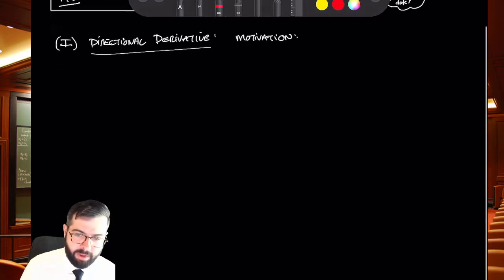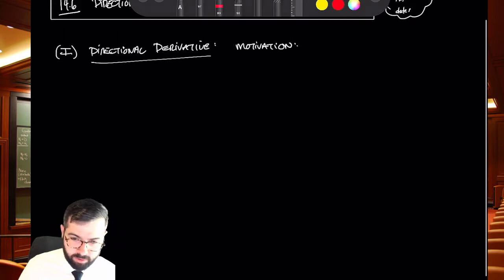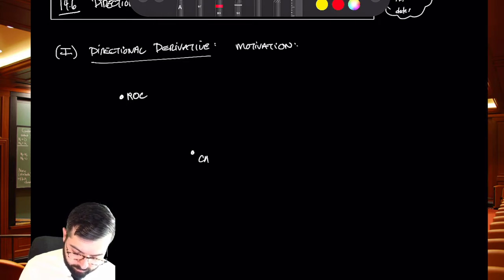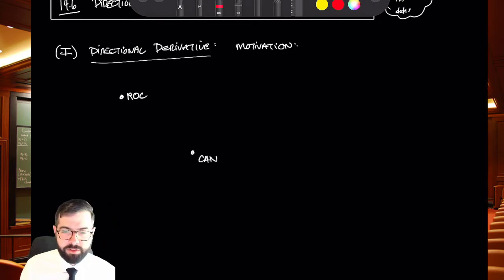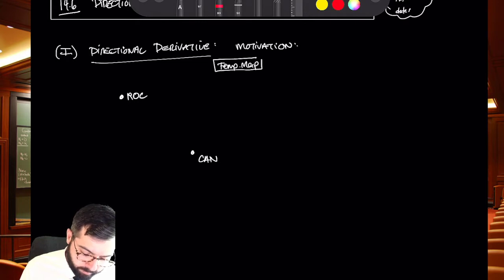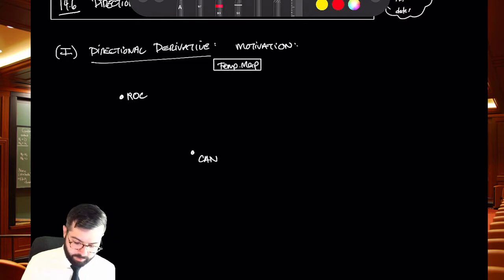So I'm going to make up a map. This is not real, okay? So we've got Rochester and Canandaigua. And let's say we've got a heat map or a temperature map. Okay, and what this is doing is mapping out the contour lines of the different temperatures in the regions around.